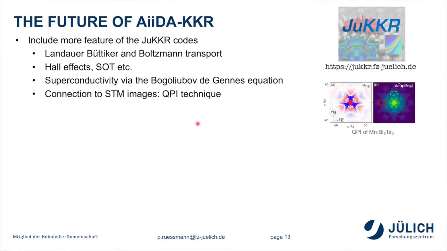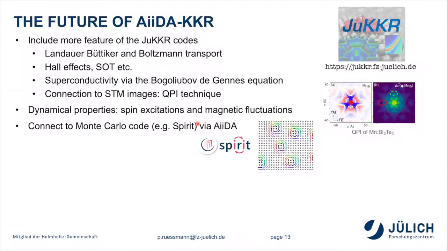So what's the future of the AiiDA-KKR plugin? Well, we will have several more features of the JuKKR code package, which are not included or not connected to AiiDA-KKR at the moment. In particular, we can also do transport calculations, for example, Boltzmann transport calculations that take into account the effect of these impurities that I discussed earlier.